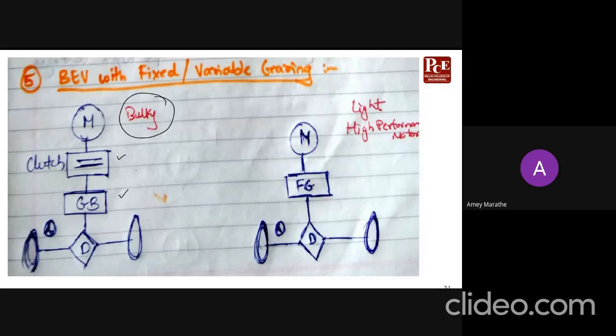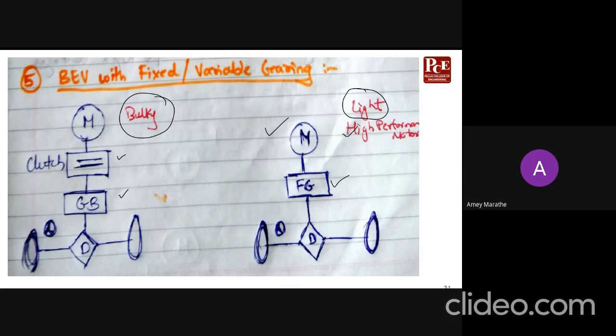But if you have a fixed gearing, what is the advantage? It will be light and it will have a high performance motor. And that is why one of the simplest choices is we will go with fixed gearing instead of variable gearing in terms of EV.